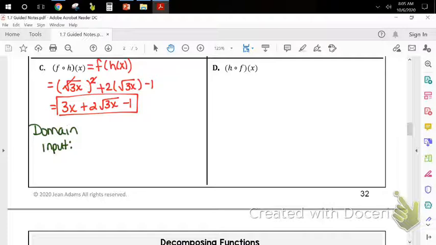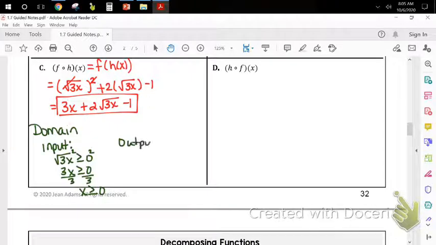My input was H of X. It was a square root of 3x, which we know the square root of 3x has to be greater than or equal to 0. So square it. So 3x is greater than or equal to 0. Divide by the 3. So we just get x has to be greater than or equal to 0.